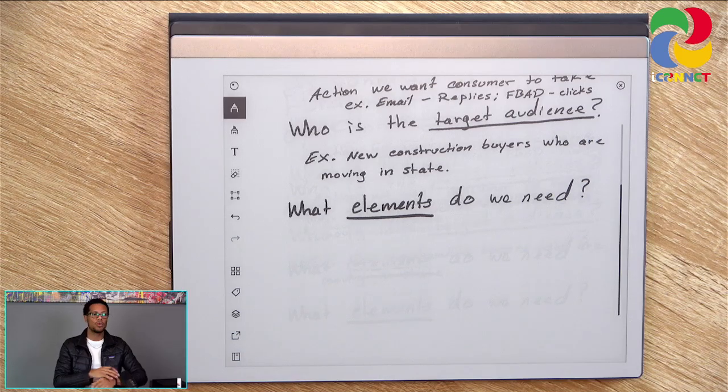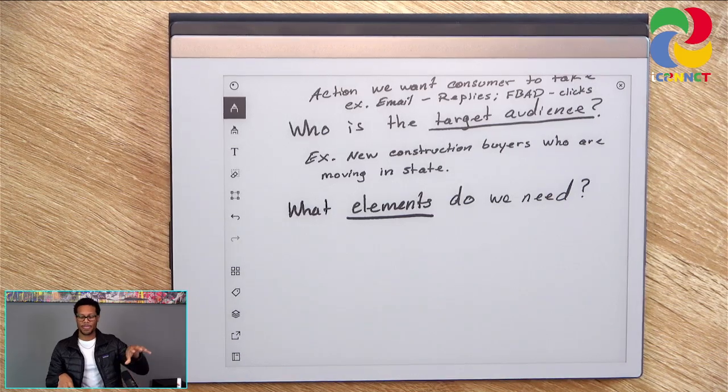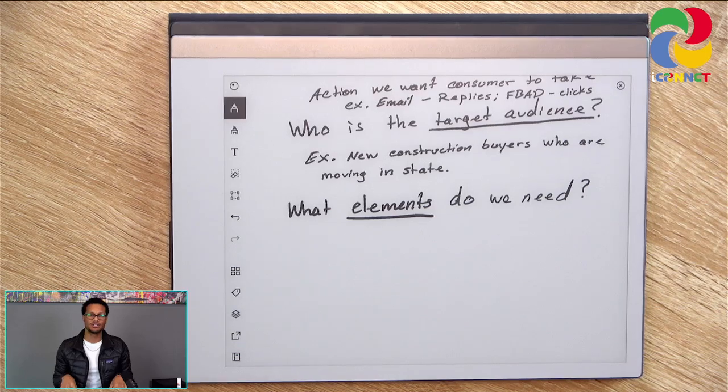So now that we know the goal is to get the attention of new construction buyers that are moving in state to my area, and they probably sold a home before or whatever it may be, the modality we're going to use to get their attention is Facebook, and specifically Facebook ads. And what I want them to do is message me.